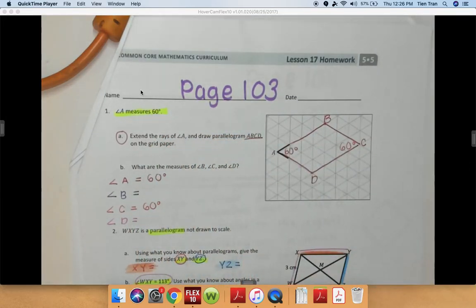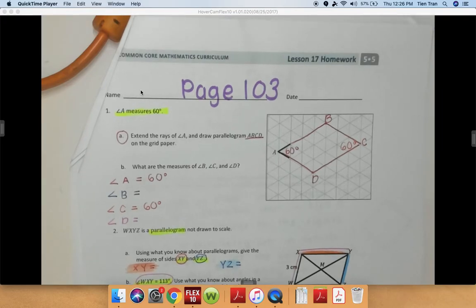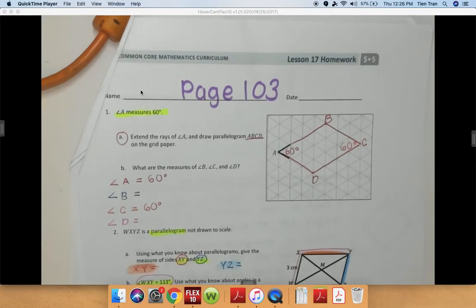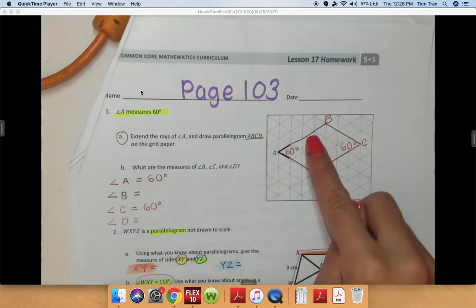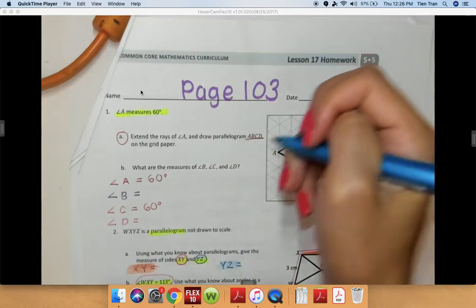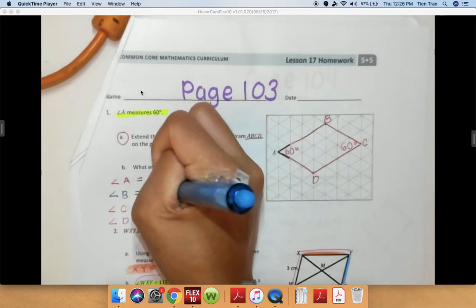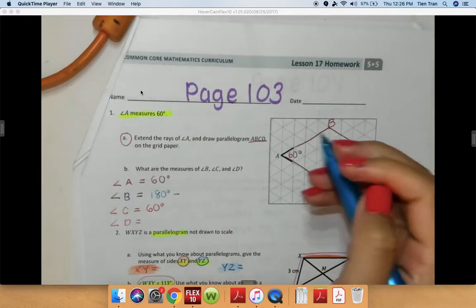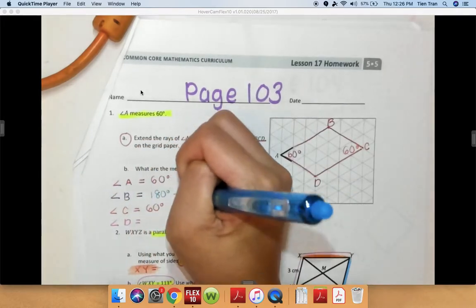Now, Ms. Tran, how will I know how many degrees is angle B and angle D if that's not given? Well, remember I told you that the lines are 180 degrees. So angle B is going to be 180 degrees minus angle A or angle C, 60 degrees.